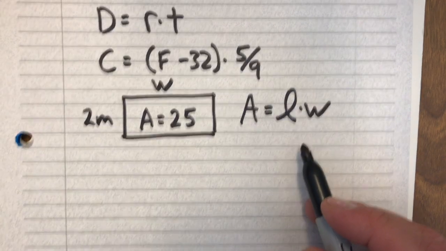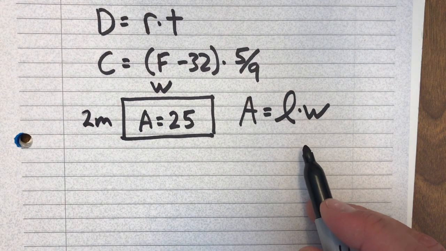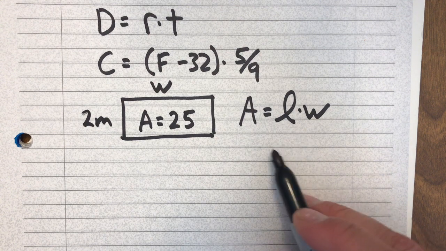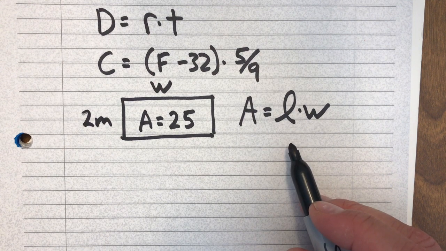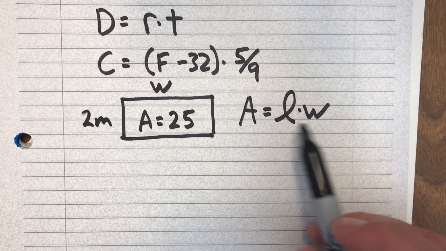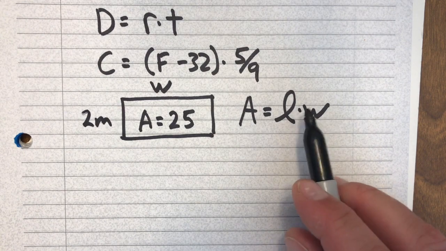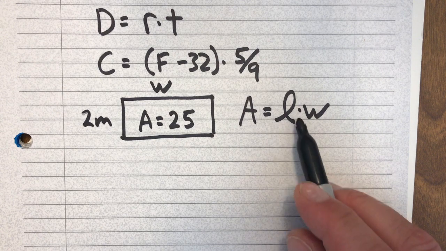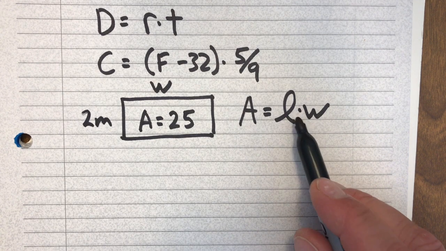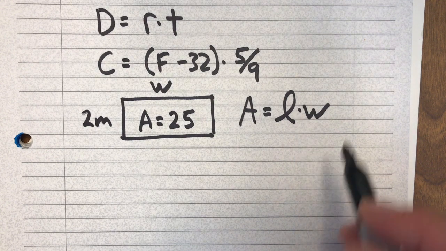We're going to use some of the same algebra steps that you did to solve an equation, but we're just going to move things around. We're not actually going to solve the equation, we're just going to move some of the variables around. Pretend this L was just any old number and we want to get rid of it. Well, it's multiplied by W, so to undo multiplication, you divide.